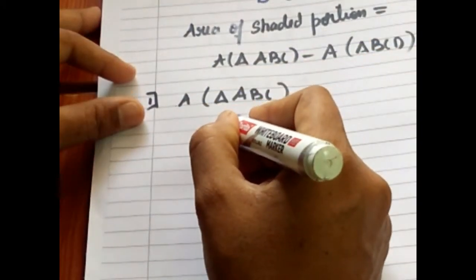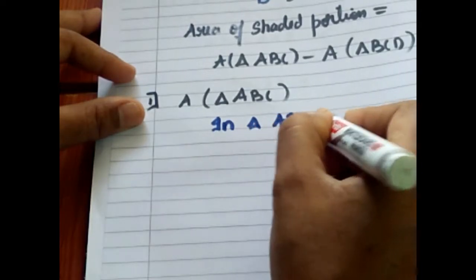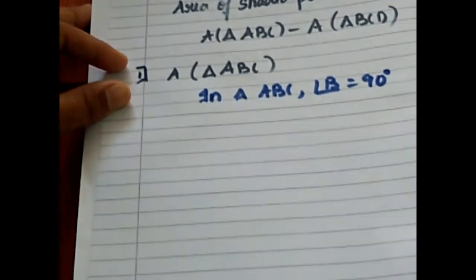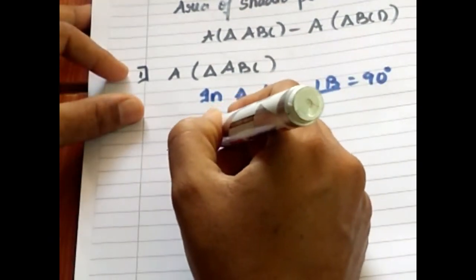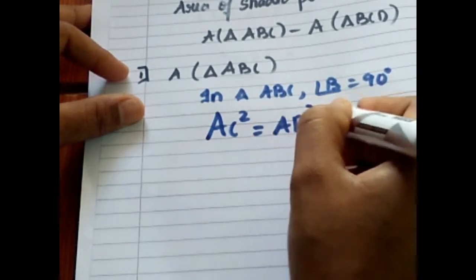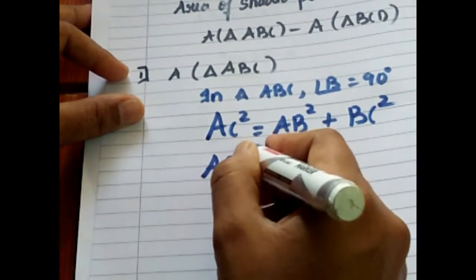So let me say that in triangle ABC, angle B is 90 degrees. Therefore, by Pythagoras theorem, AC square is equal to AB square plus BC square. I need to find AB.